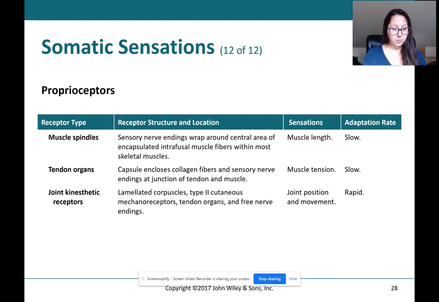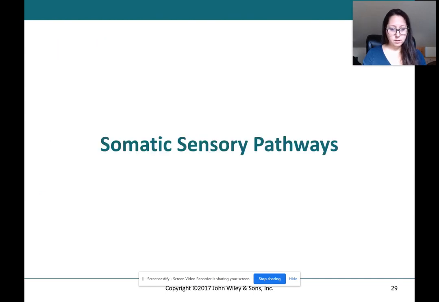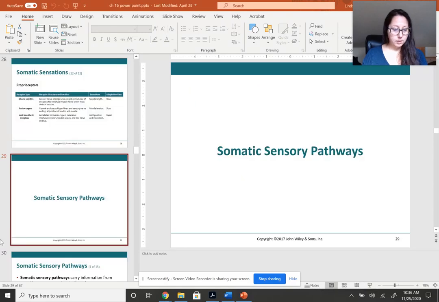I'm going to skip forward here. Now, this is the section that we're mostly going to skip. Okay? You do not have to memorize the somatic sensory pathways or the motor sensory pathways. I just want to show you one thing in here.